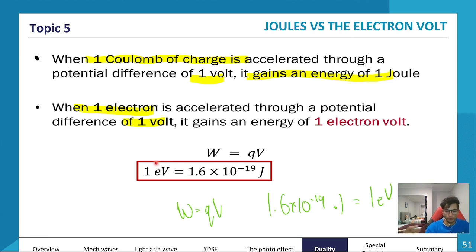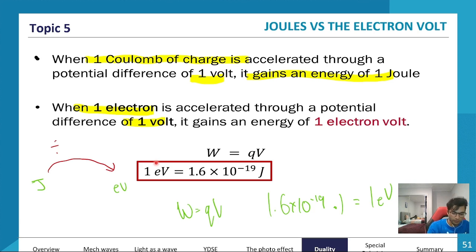If you want to convert between the two units, let's say we have joules here and electron volts here. To go from joules to electron volts, you divide by 1.6 times 10 to the negative 19.